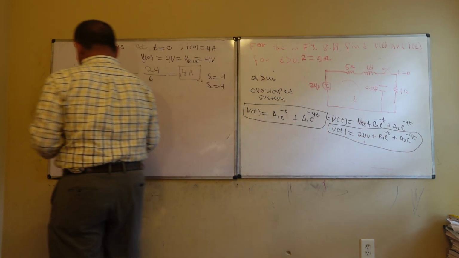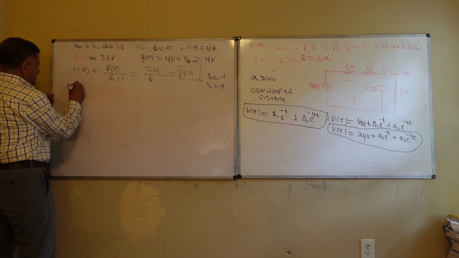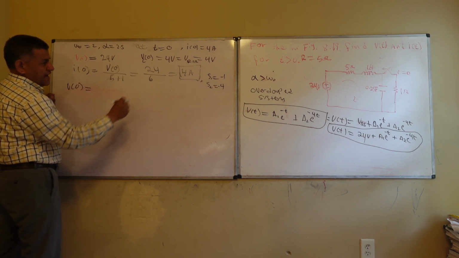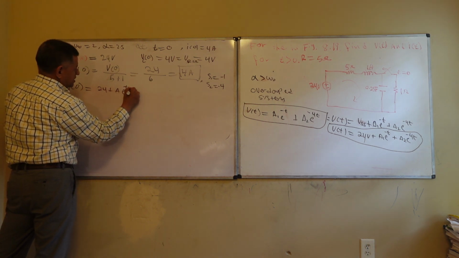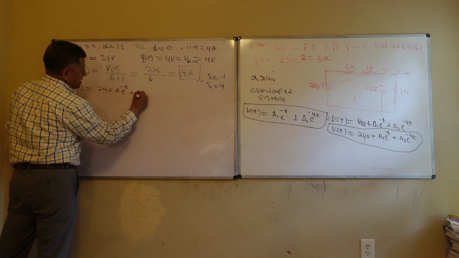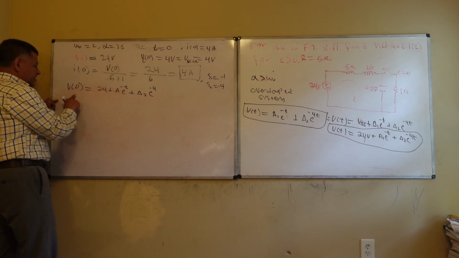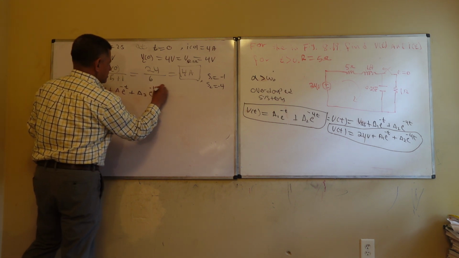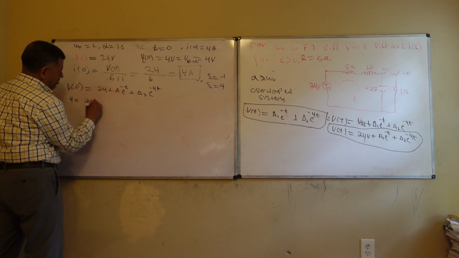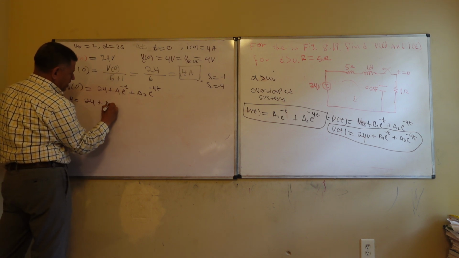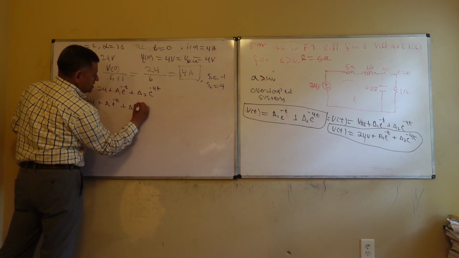So instead of saying that, we say v of 0 is equal to that one, so equal to 24 plus a1 e to the negative t plus a2 e to the negative 4t. Now this right here is 4 volts, so 4 equals 24 plus a1 e to the negative t plus a2 e to the negative 4t.